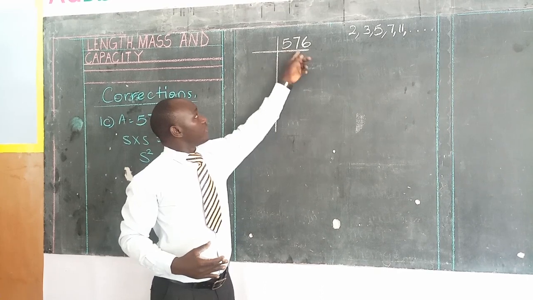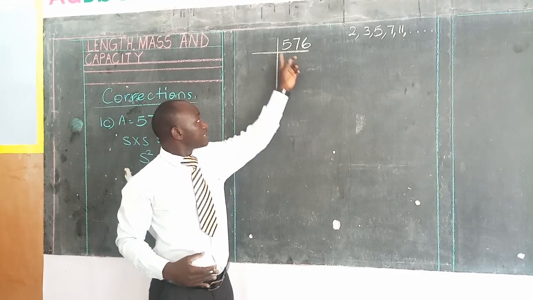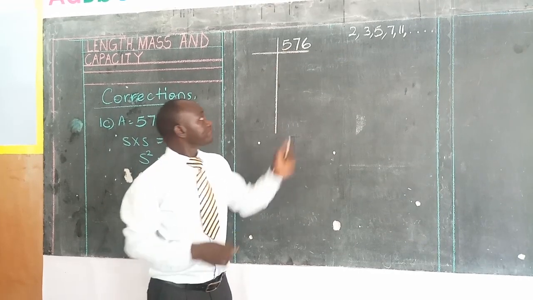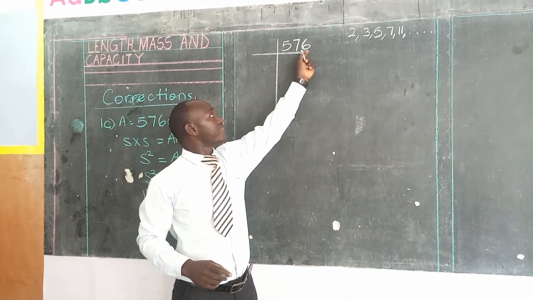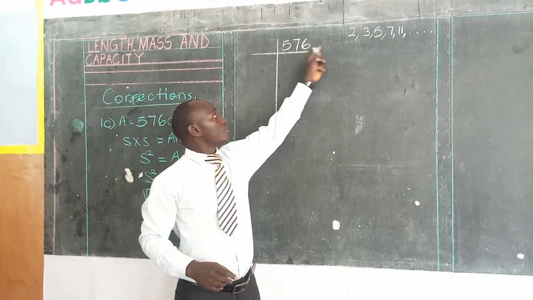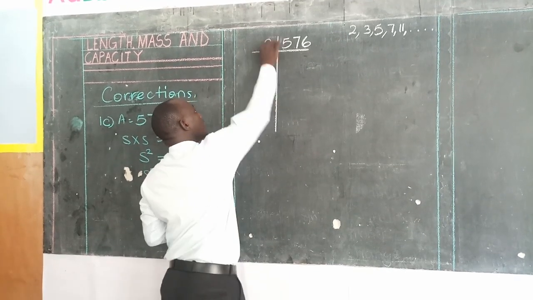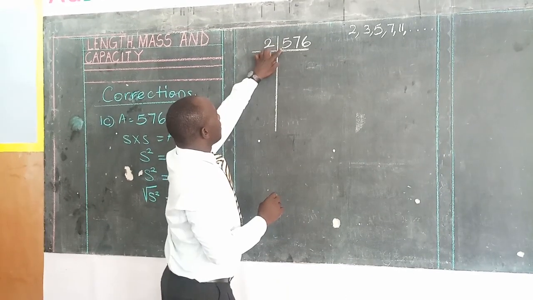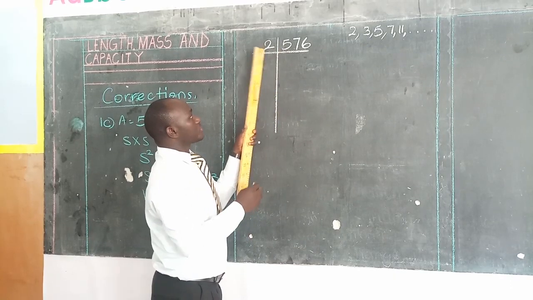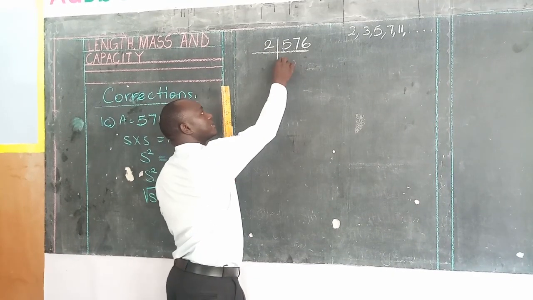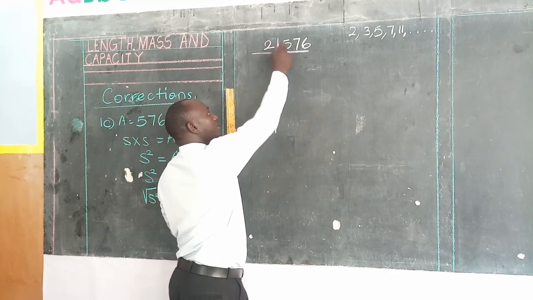So, based on this, what prime number are we going to use? If you look at 576 very well, this is an even number. You can see the last digit alone is an even number. So, the first number we're going to use will be 2. Okay, let's start. We have 5, which should be divided by 2. That will give us 2, of which 2 times 2 is 4. 5 take away 4 is 1.